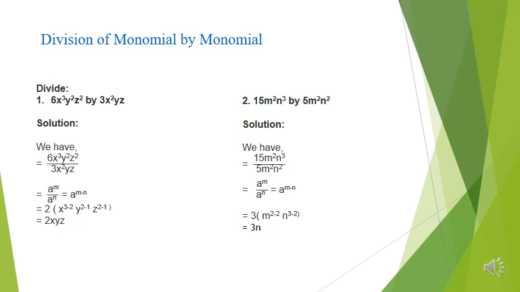When we divide any numbers with the same base, we follow the exponential law and subtract their powers. So when we divide the given monomials, we get 2xyz. Similarly, there is another example, 15m square n cube divided by 5m square n square. When we divide it, we get 3n after cancelling the variables.